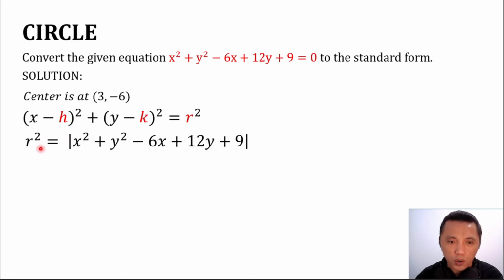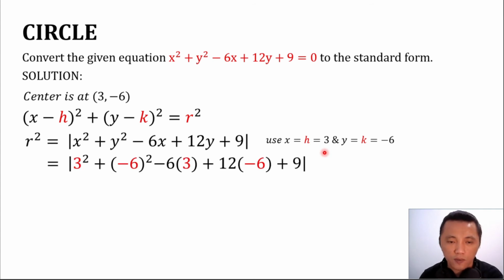So r squared is equal to the absolute value of this equation. So just put this whole equation inside the absolute value and use the values of h and k for x and y correspondingly. So just direct substitution, we have 3 squared plus (−6) squared minus 6 times 3 plus 12 times (−6) plus 9. So we have 36. So the radius is 6.